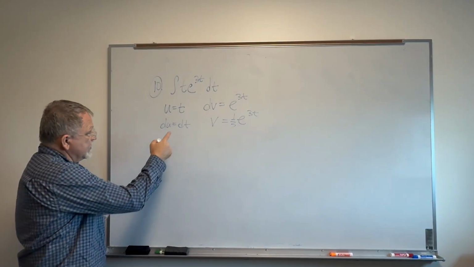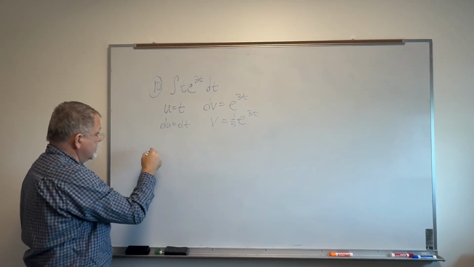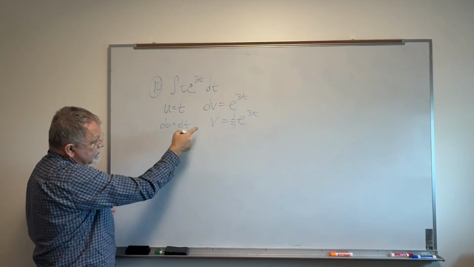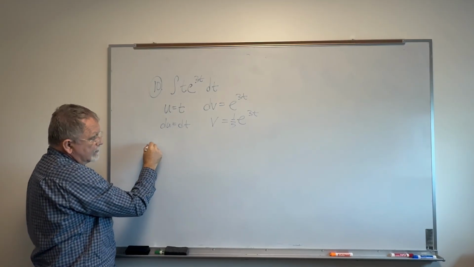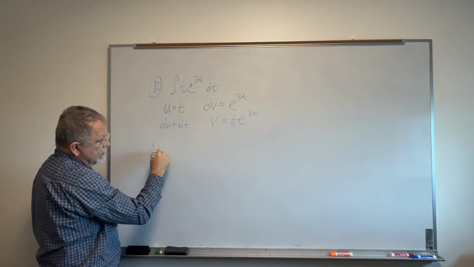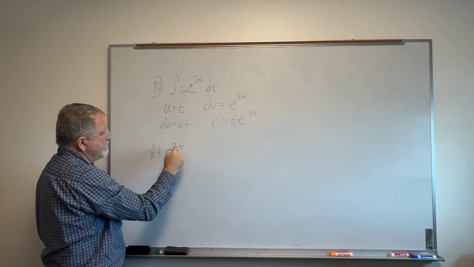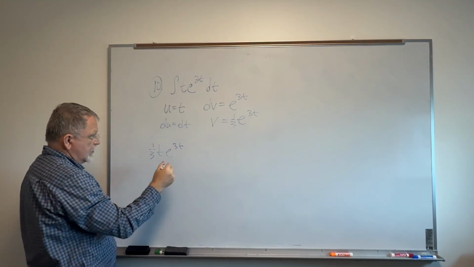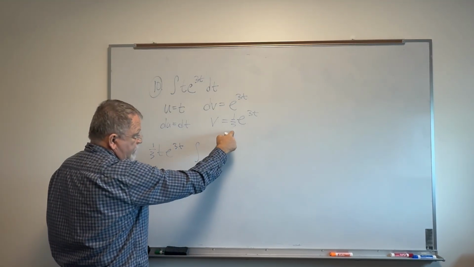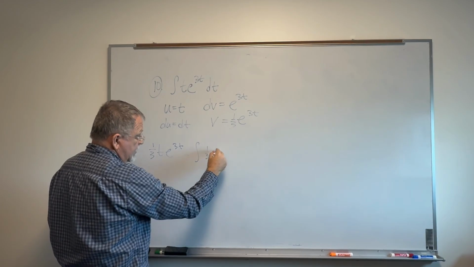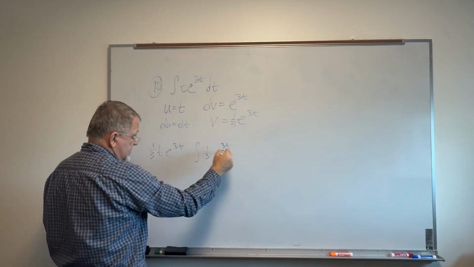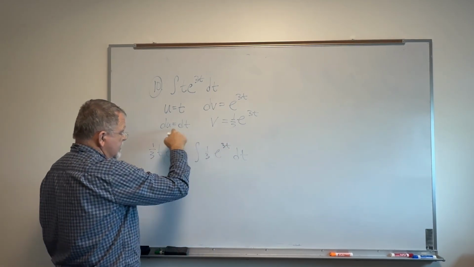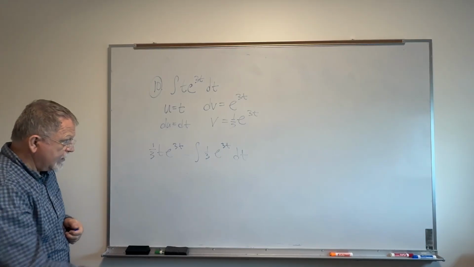So now put the pieces together. u times v is going to be 1/3 t e to the 3t minus the integral of 1/3 e to the 3t dt. That's our v du. And I know how to integrate that.